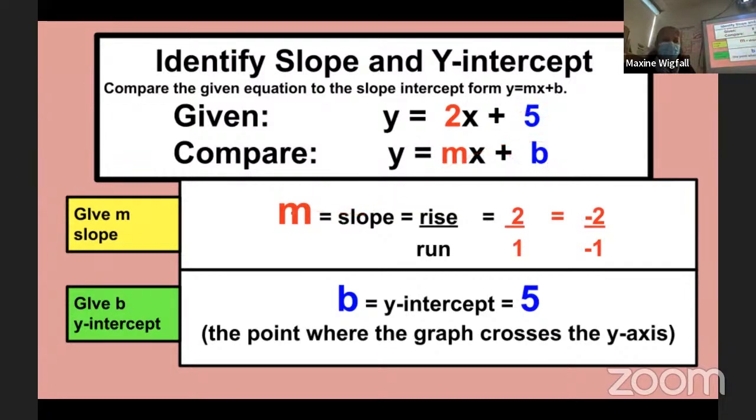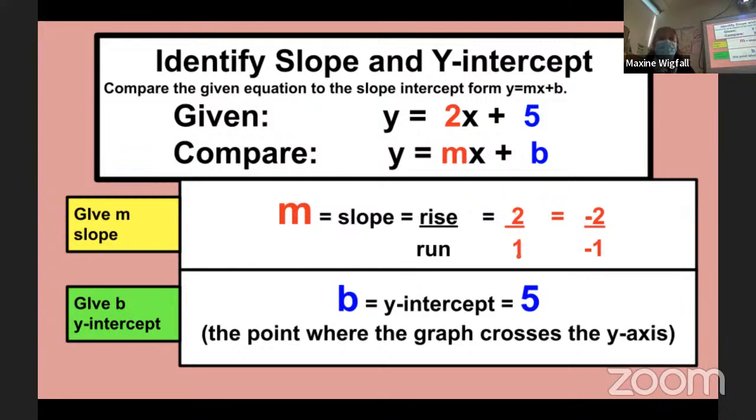In this equation, m, the slope, as you can see, is 2 over 1. I have you write that fraction 2 different ways because when you start graphing it, you'll need to get to the other side of the line, and you'll understand more about that when we get there.